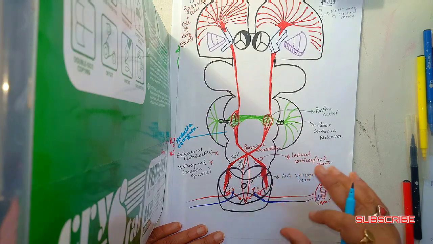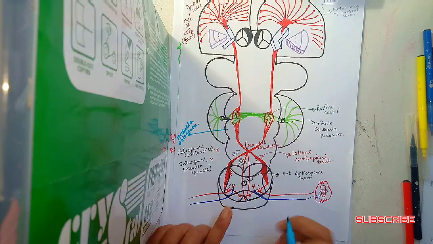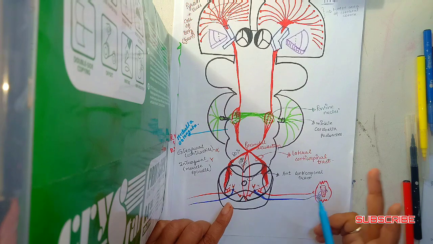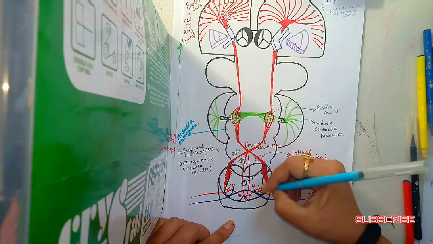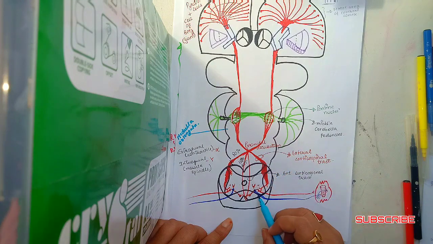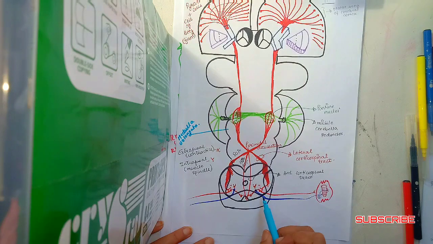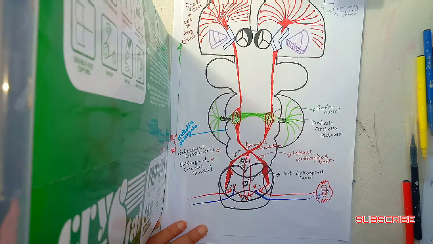Then there will be two types of fibers, alpha and gamma. Alpha is for contraction and gamma is for the muscle spindle. So it will go for the alpha, go to the muscles, and beta also goes to the muscles, but their workings are different.